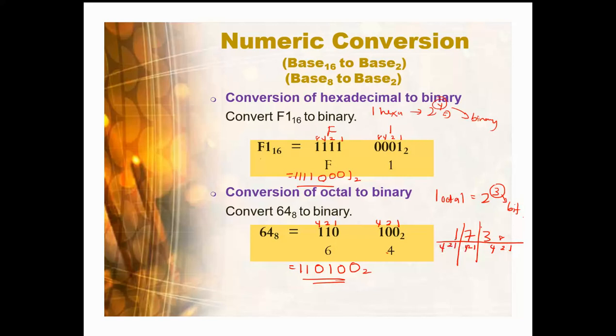So 1 you on lah sini, 0, 0, 1. 7 is 1, 1, 1. 3 adalah you on 2 dan you on 1. 4, the rest will 0. So you dapat binary of 0, 0, 1, 1, 1, 1, 0, 1, 1. So you'll get answer of 1,1,1,1,0,1,1 base 2. Okay, so you can check with the scientific calculator. Now the numbers of this octal to the binary, you will get the same answer.